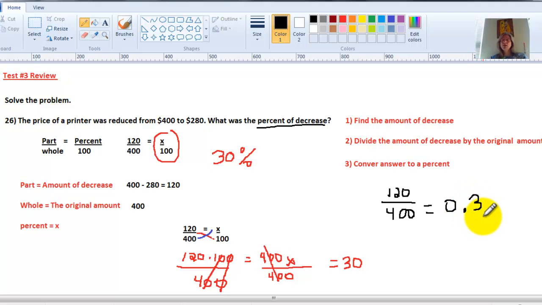Because when you change the decimal to a percent, or when you're adding a percent sign, so we're going to add a percent sign, we multiply by 100, which means you move the decimal 2 places over, and that's how you get 30%. So in this problem, you have to convert your answer to the percent. Using this method, it's already given percent.